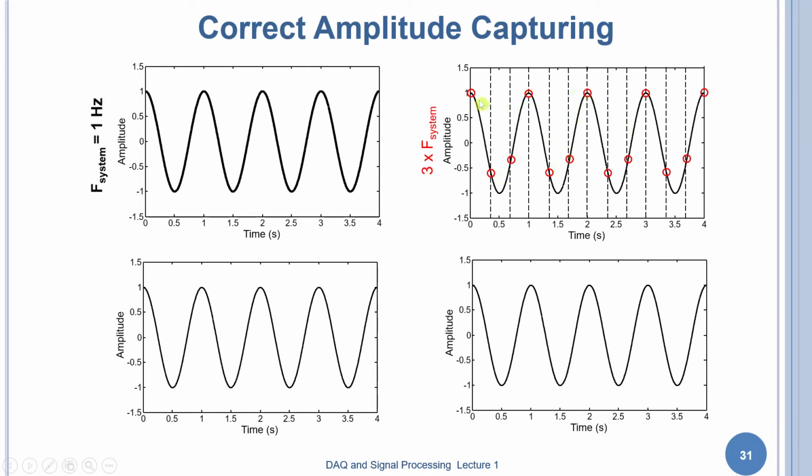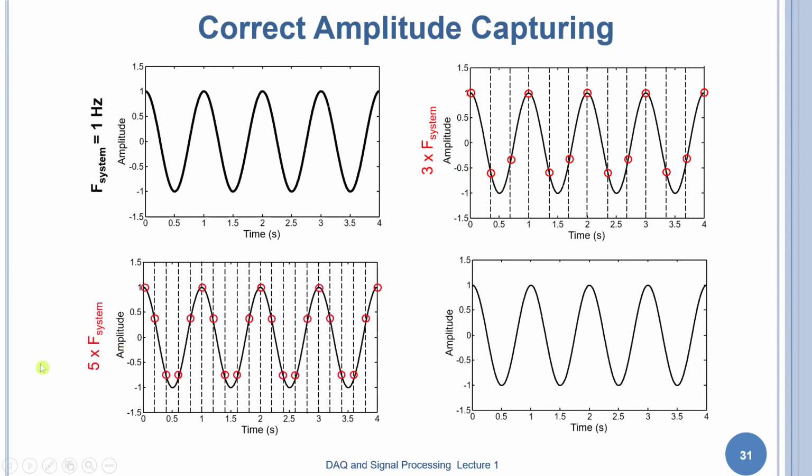Here we are seeing that there's some amplitude which we are not capturing. So better would be, why not go for higher sampling? When I go for 5 times the signal frequency, I get more points on each cycle: 1 2 3 4 5. We are seeing that by increasing the sampling we are going closer to the actual signal.